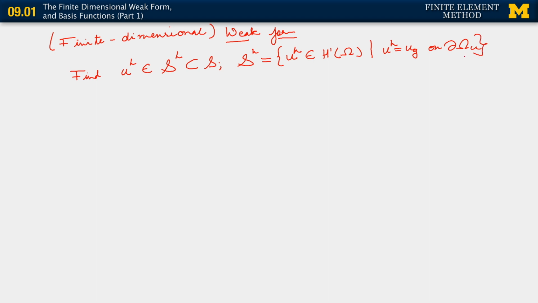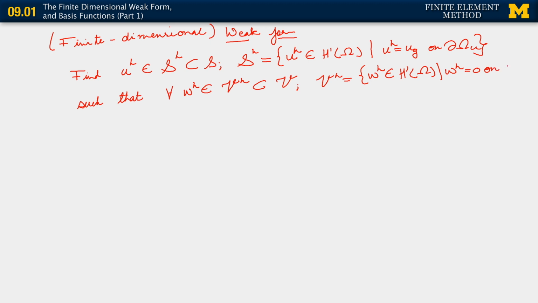Okay, so find u^h of this type such that for all w^h belonging to V^h, a subset of V, where now V^h consists of all weighting functions also to be picked from H1 functions and satisfying the homogeneous Dirichlet boundary condition.